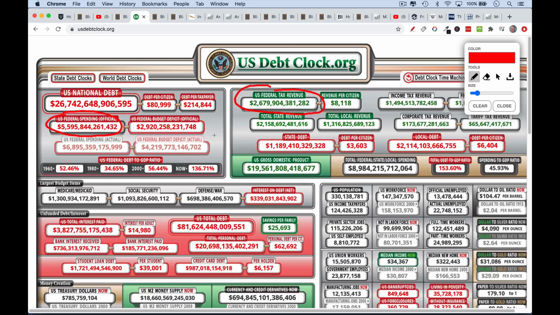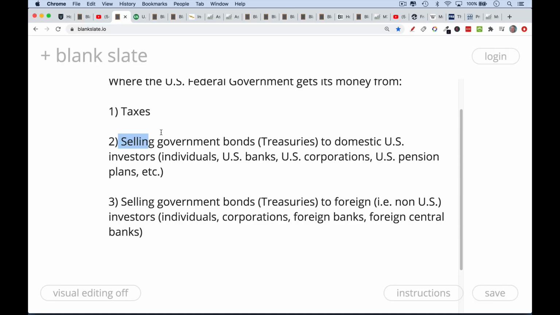And so we have what's called a budget deficit, where the federal government is spending a lot more money than it's bringing in, and that's to the tune of 2.9, call it $3 trillion. So that is why the U.S. government needs to sell bonds in addition to collecting taxes.